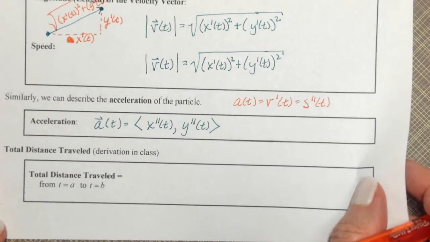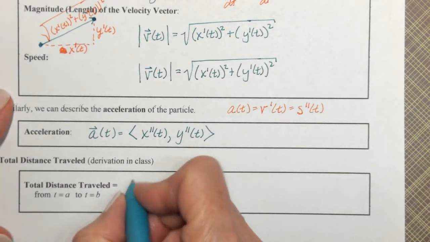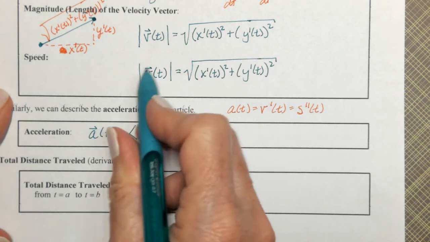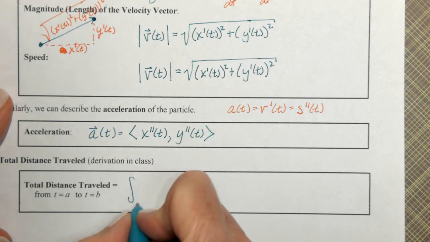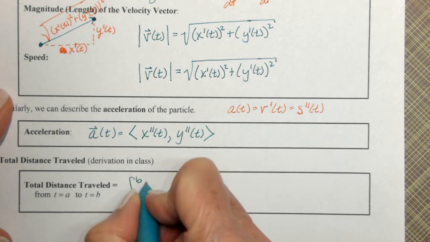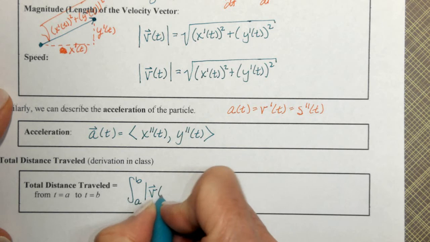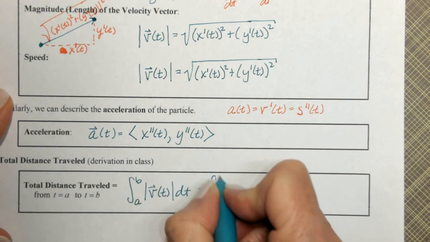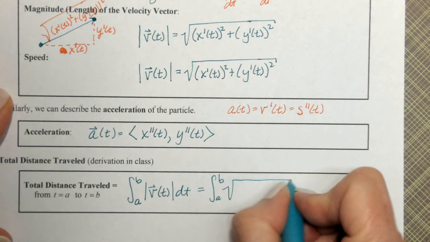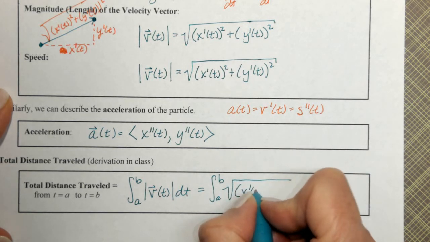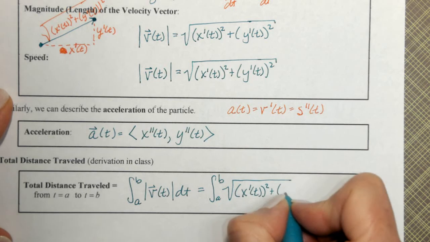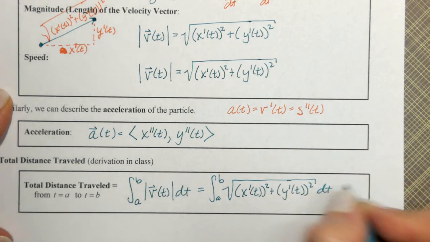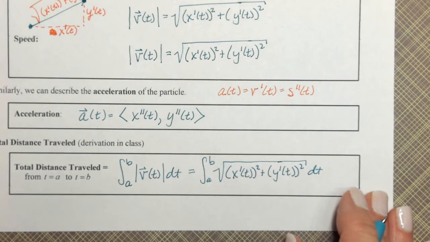So the total distance traveled is the integral of the magnitude of the velocity vector, or speed, from time A to time B.